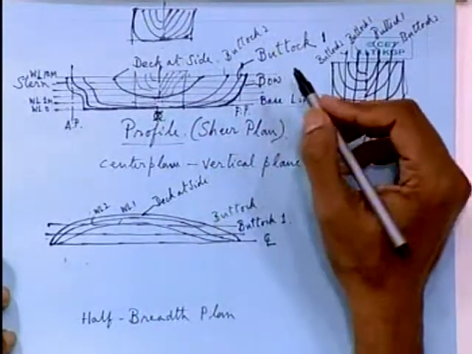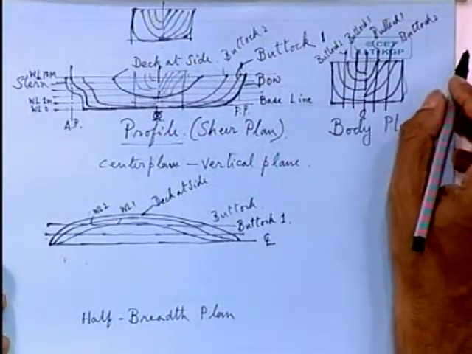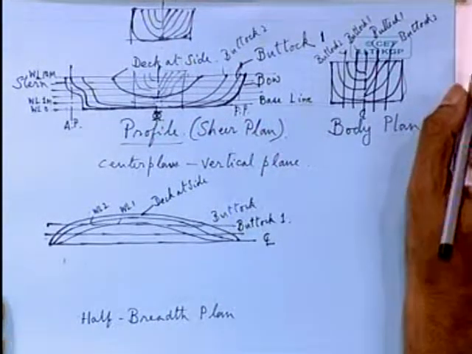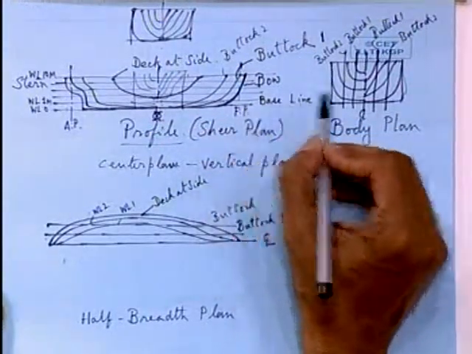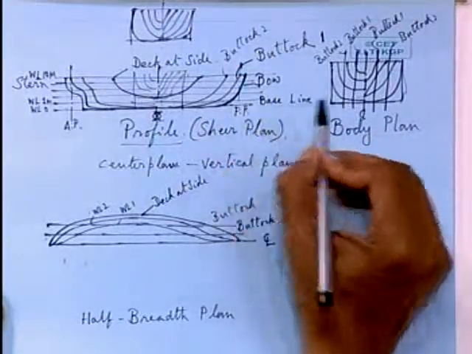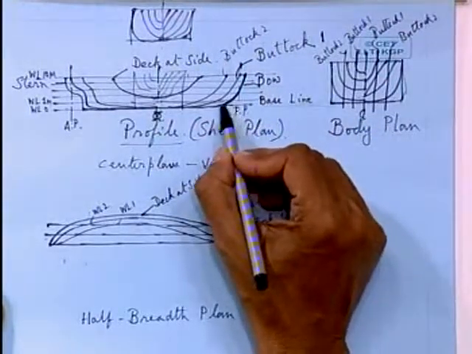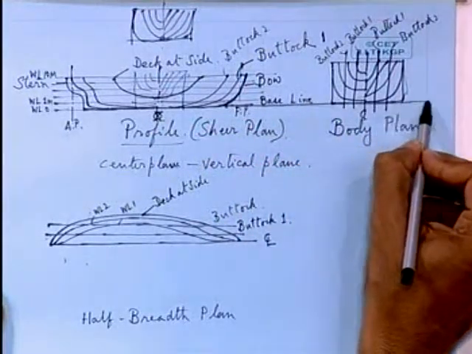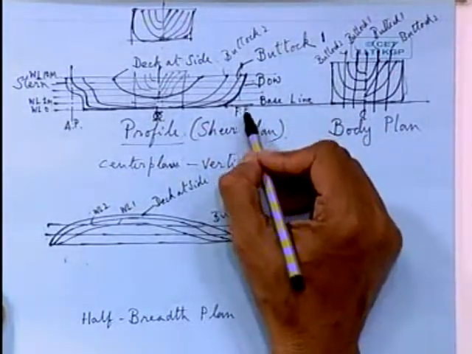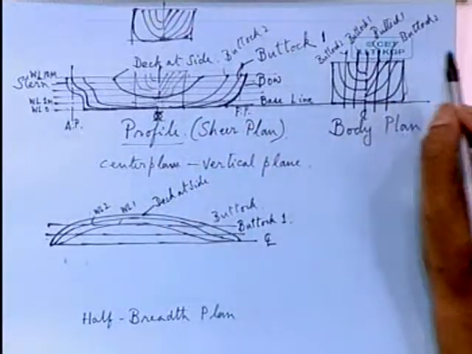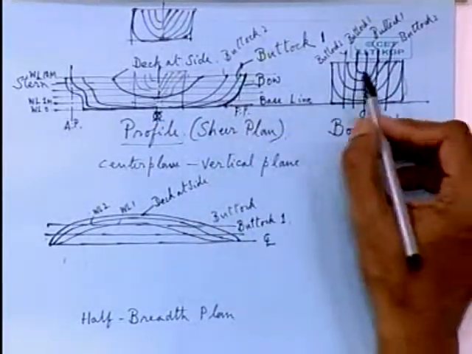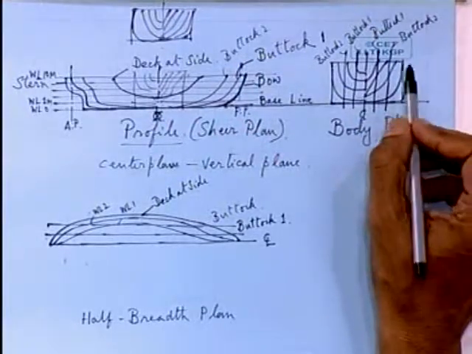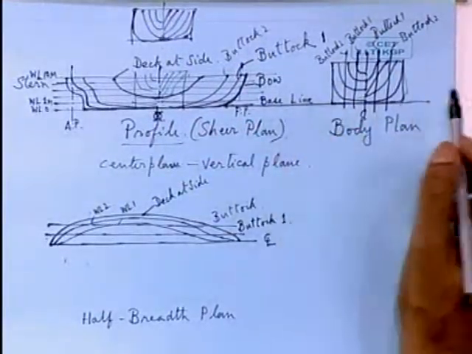So the first job when you are drawing the lines is to make this grid. First draw the baseline or the datum line and figure out the length of the ship between the forward perpendicular and after perpendicular, and also the maximum breadth. The body plan should accommodate the maximum breadth of the ship.